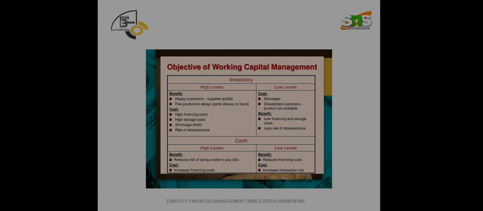When it comes to inventory, there are high levels as well as low levels. The benefit of high levels is happy customers. Why? Because it's supplied quickly. The major thing from the customer side is that they have to receive their products on time.